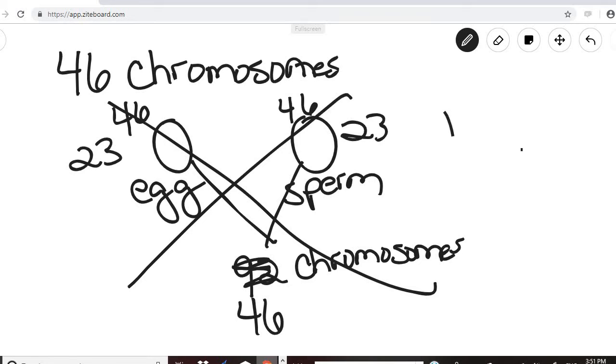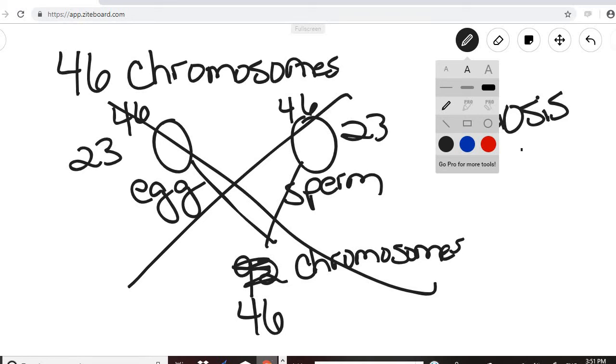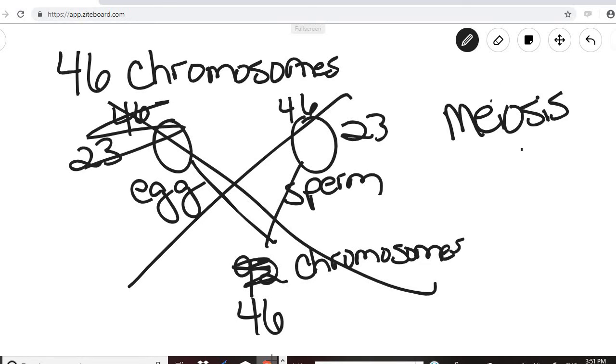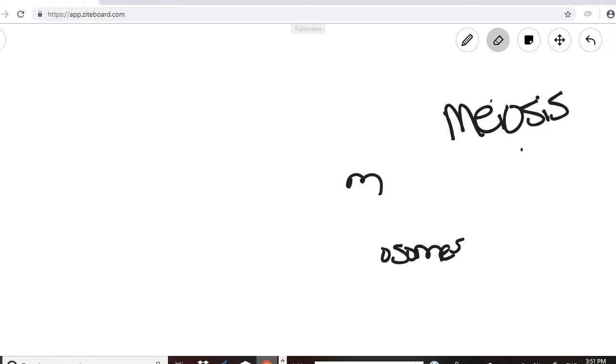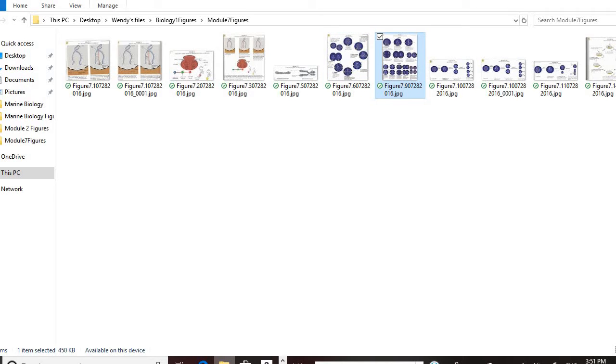And this is what happens in the process of meiosis. It's the making of cells that have half of the genetic information, so that when the male and the female egg and sperm come together, then you have a full complement of the number of chromosomes. Okay, so let's look then at the steps that are involved in meiosis.